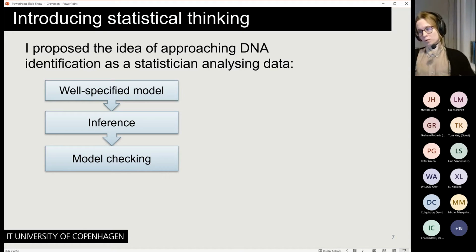So there's a natural pipeline: I pose a model, I do some inference, let's say estimate parameters, infer various quantities that I might want, or do hypothesis testing. Inference in my case here would be to infer parameters and compute this likelihood ratio, that is what the court wants as my end product in a statement.